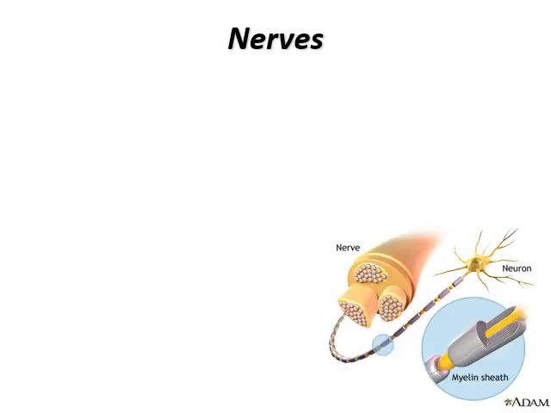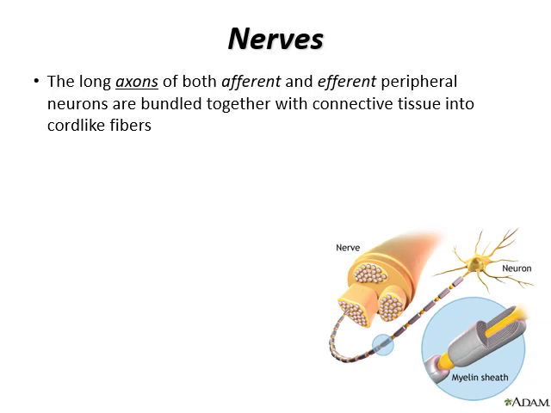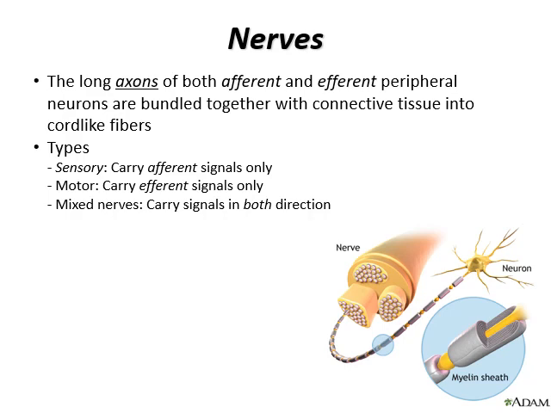So in the peripheral nervous system, those axons make up the nerves that are out there. They are basically big bundles of axons. They are pathways of the signaling. They carry information either towards the brain or away from the brain, or the nerves can be a bundle of both. Those are termed sensory. That's going to carry information from the sensors in the body to the brain.